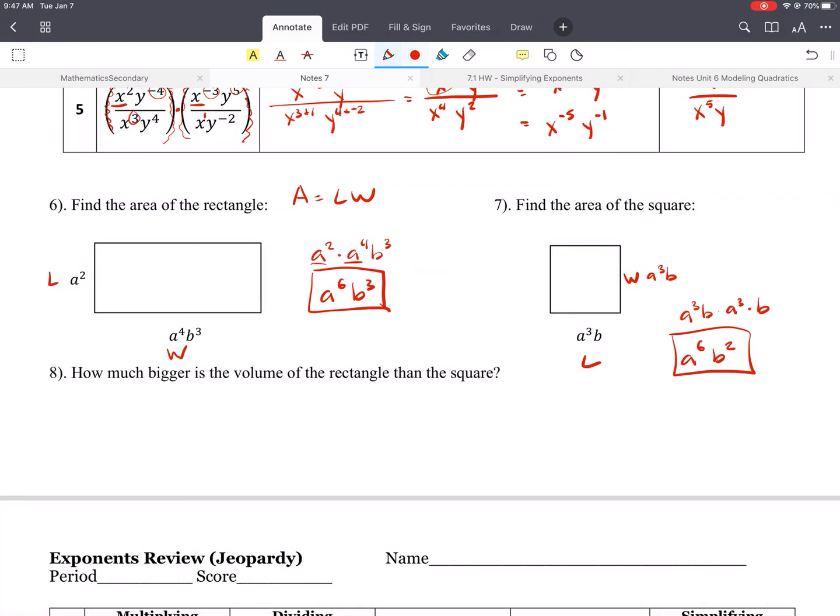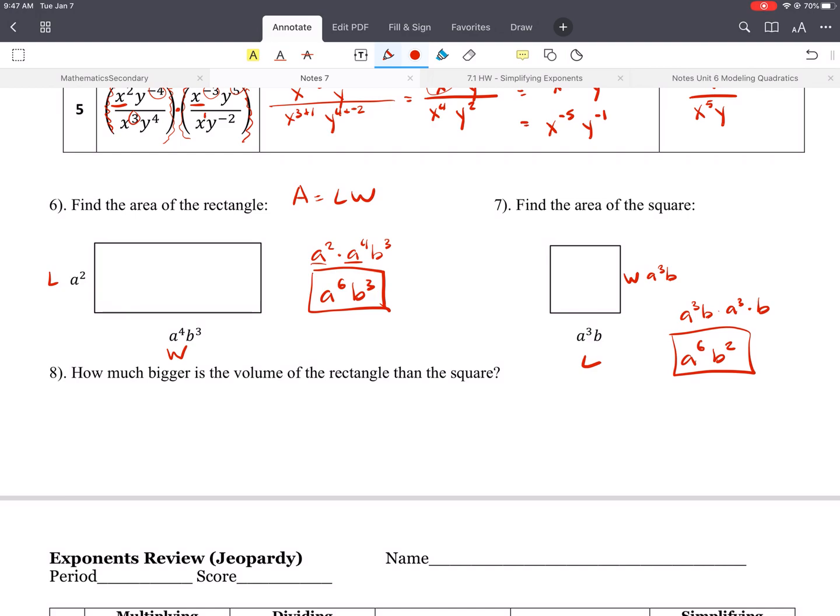The last question is how much bigger is the area of the rectangle than the square? Oh, we're talking about these two problems, sorry. So gotcha.